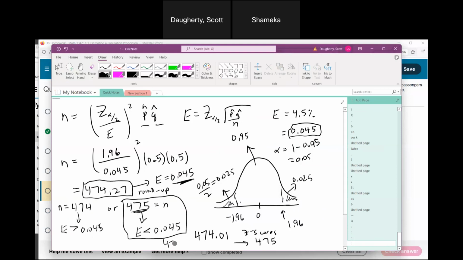You would not want to go to 474 because then that would force the margin of error to go above what you wanted. So it's always a good rule of thumb to round up, even if it's this close, right? I mean, this looks like you should say 474 because it's so close to it. But in this situation, it's better to round up to 475 to force the margin of error to go below this amount.